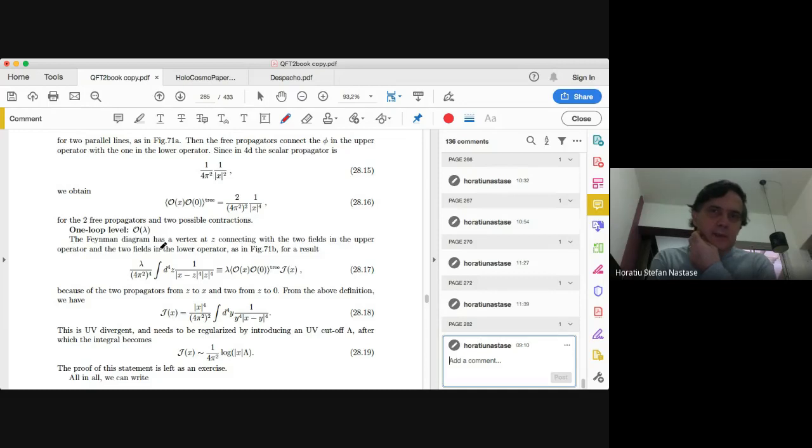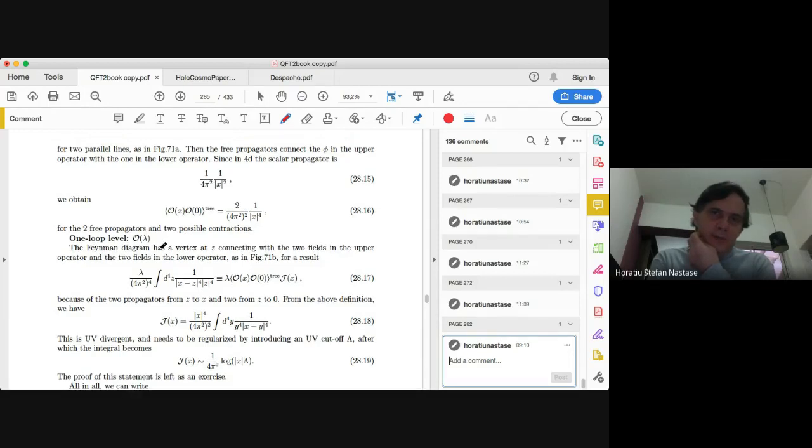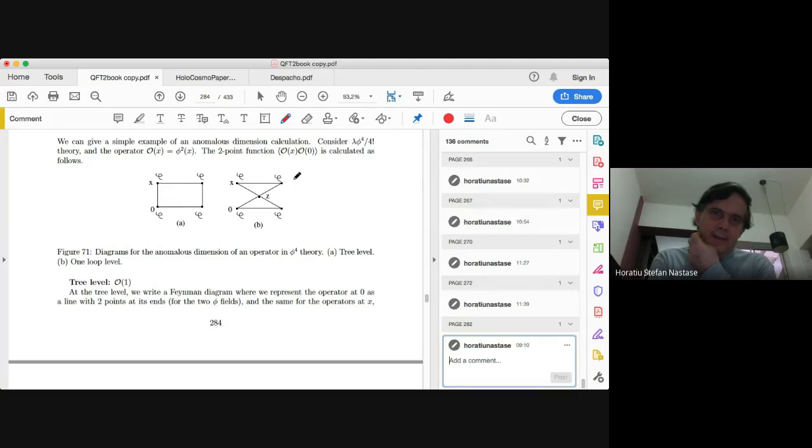So I have the same 2 lines: this line for the operator at x between 2 phis, and this line between 2 phis corresponding to the operator at 0. And then I also have the vertex at z. You can see that there's only 1 Feynman diagram you can write, because this is a 4-point interaction.